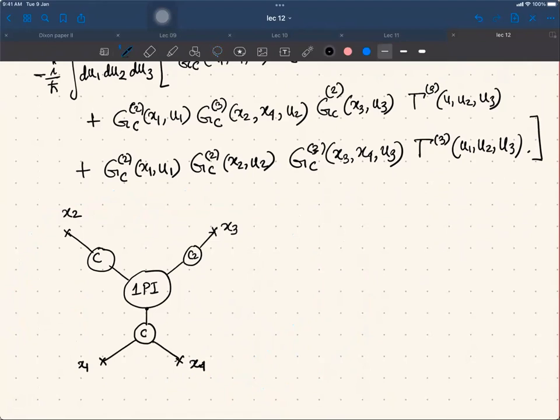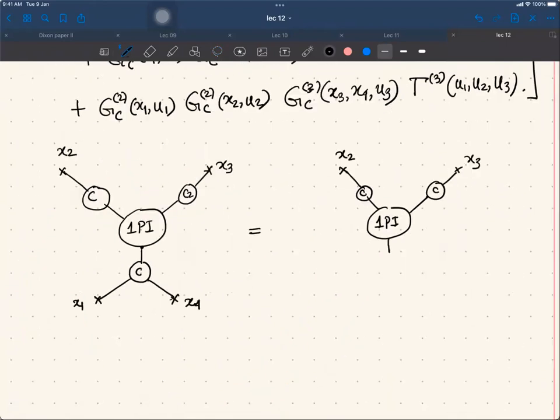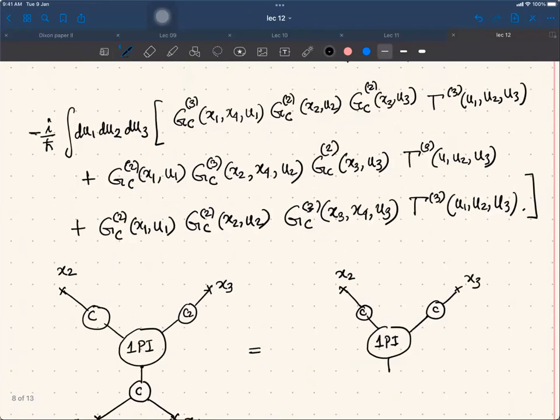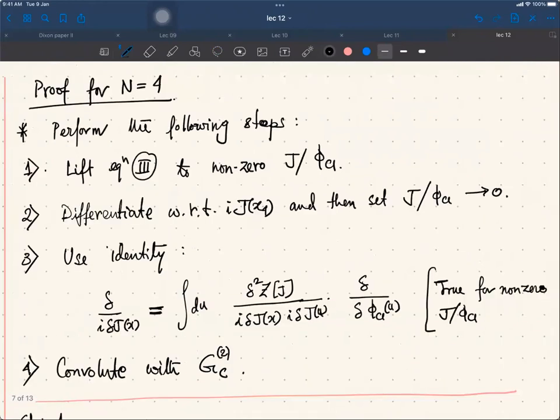But this is the same as 1PI x2 c x3. Now a connected 3-point function, we already know, this is what we found earlier, right?